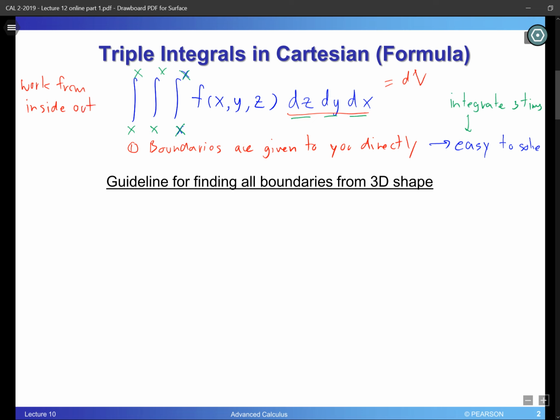Now that is the first scenario. The second scenario, that's going to make your life a little bit more difficult, is that the boundaries, all these 6 variables here, boundaries are given to you in terms of object, in terms of 3D shape.